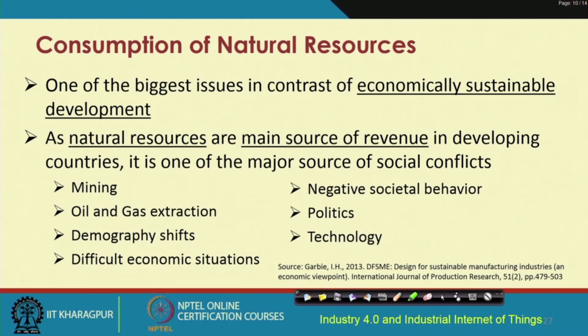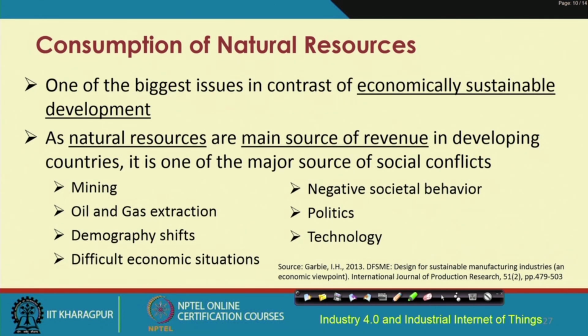In terms of consumption of natural resources, this is one of the biggest concerns, because that has an impact on the sustainable development which is environment friendly. This is one of the biggest issues in contrast to economically sustainable development.